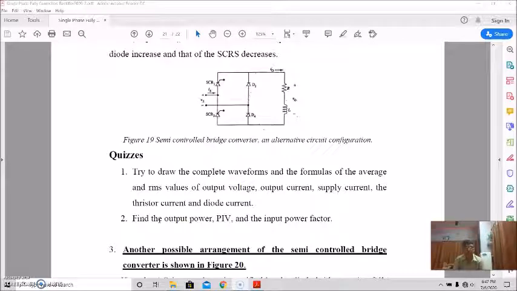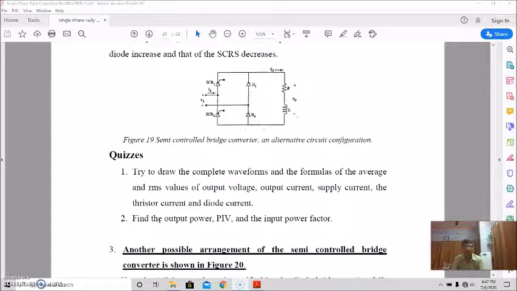The peak inverse voltage you also know, and the input power factor is the output power P divided by the input Vs Is, S. Of course you have to take the RMS values into consideration for all these things, and do these problems on your own and submit the results.